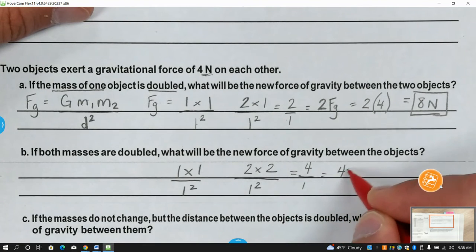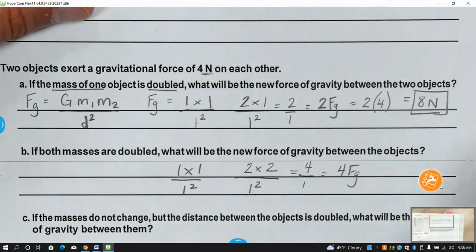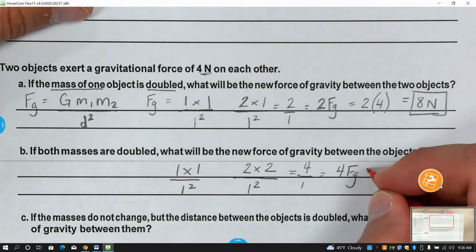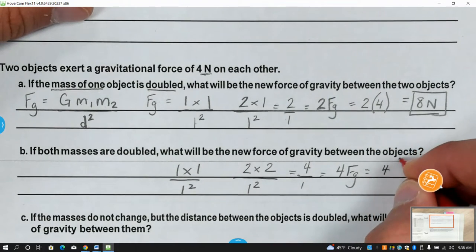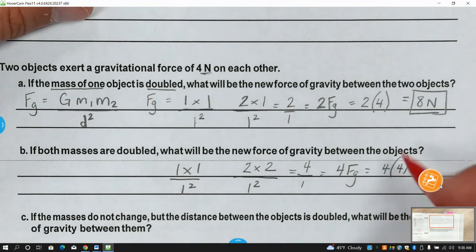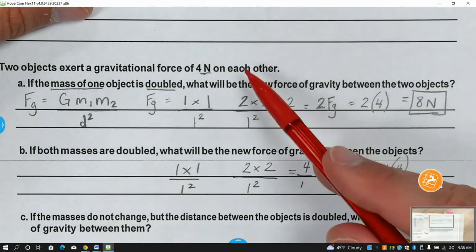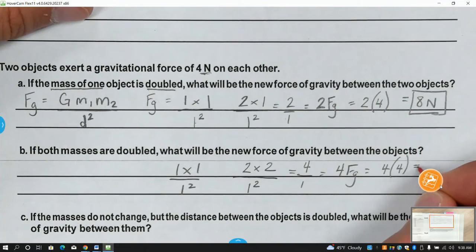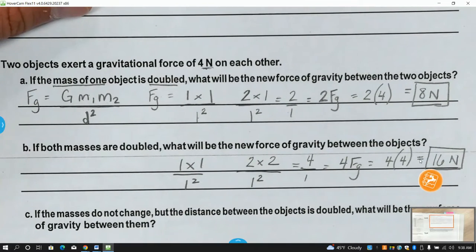So this is just 4 times the original force. They want to know what the new value is, so you'll do 4 times that value. The original value in the problem is 4 newtons. So 4 times 4 newtons is going to give us a value of 16 newtons.